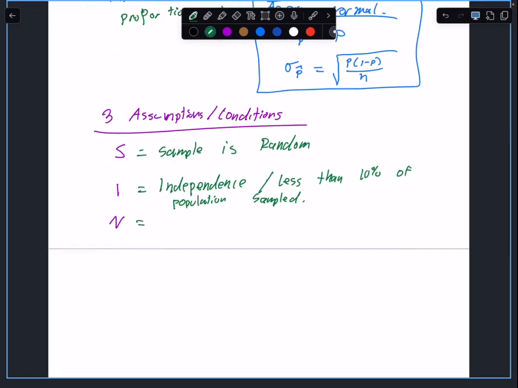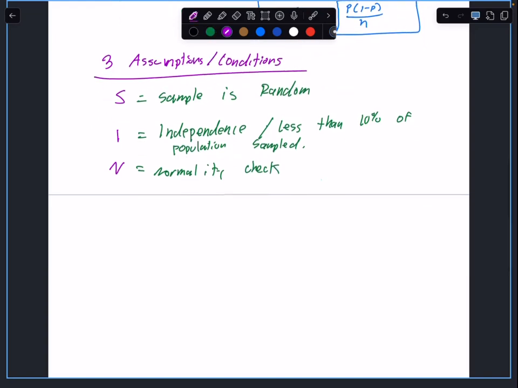And the last one is that we have a normality check. Now, for sample proportions, the normality check, because when we get to Friday, the normality check will change.